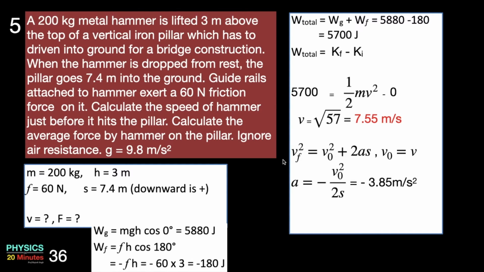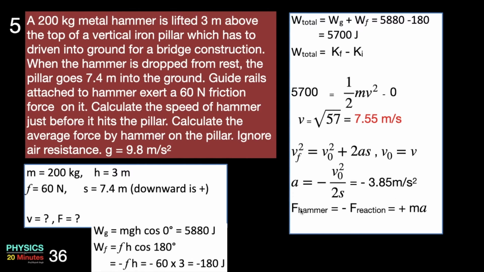When you calculate, you get acceleration as minus 3.85 meter per second squared. Substitute v0 squared as 57 divided by 2s, and that will give you minus 3.85 meter per second squared. Therefore, this is the deceleration.